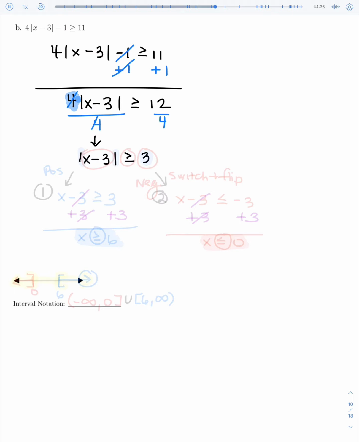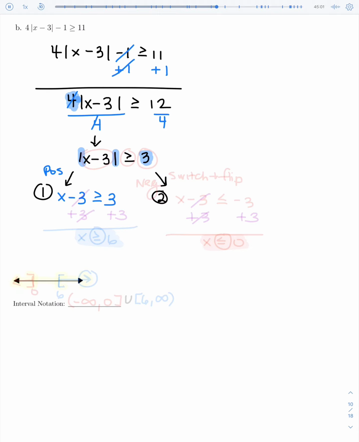Now that the absolute value is by itself on one side, and our positive value is on the other side, we can break it down into our positive version and our negative version. Remember, our positive version is going to stay the same. It'll be x minus 3 is greater than or equal to 3. You just basically drop the absolute value sign.